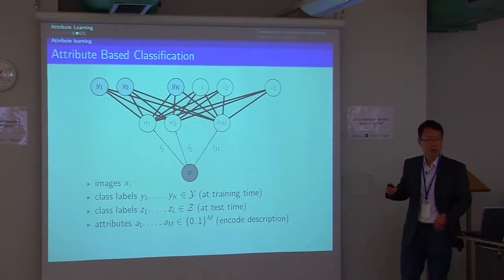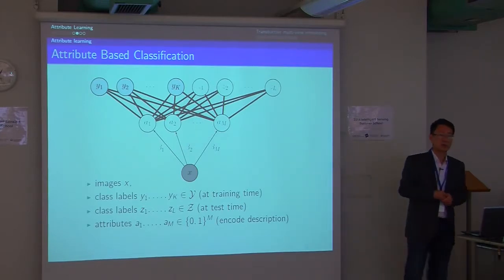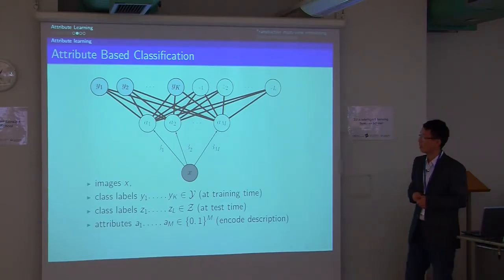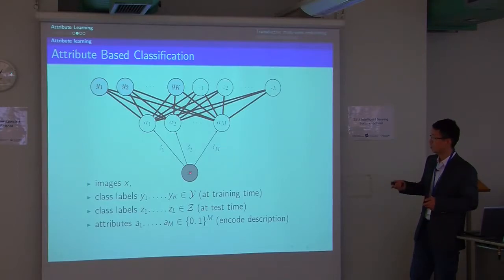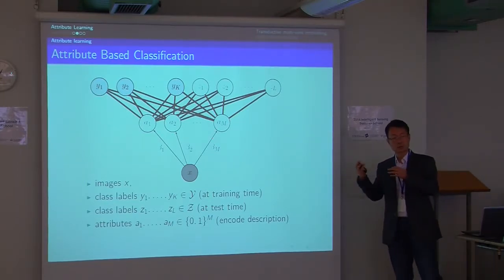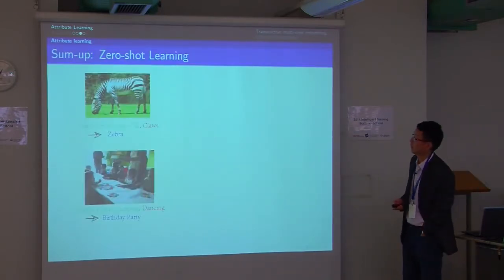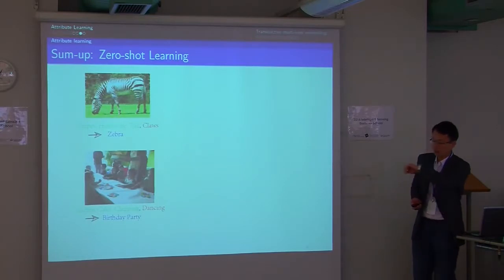Then I compare the predicted attributes with the prototype attributes, and I assign the class label to the new data according to how similar the predicted attributes and the prototype attributes are. So that's the basic idea of attribute learning.